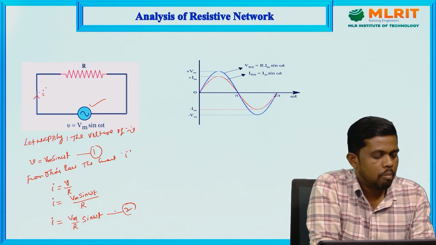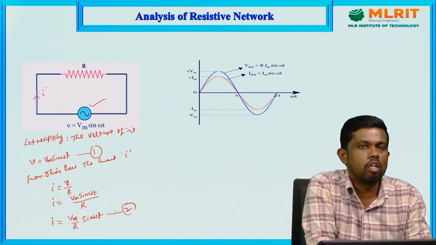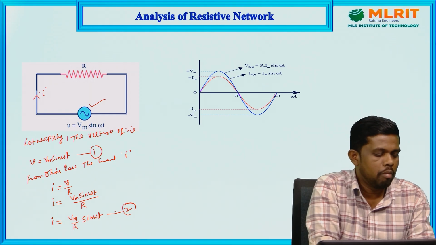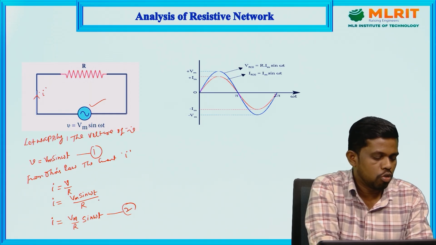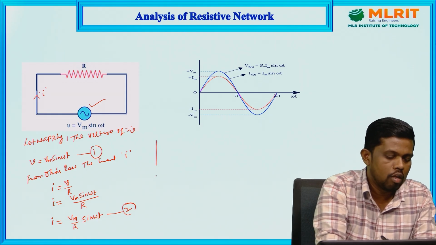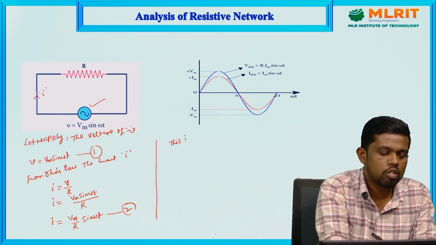If we apply the instantaneous voltage v equal to Vm sin omega t, then the current should also be in the form i equal to Im sin omega t. According to this procedure, we got the i value as Vm upon R into sin omega t.